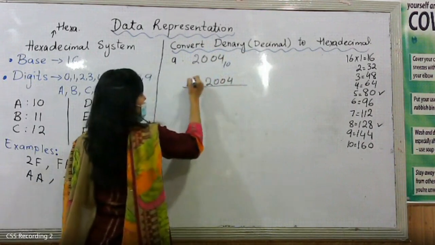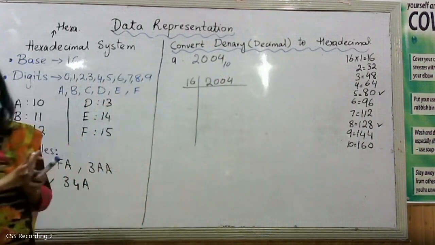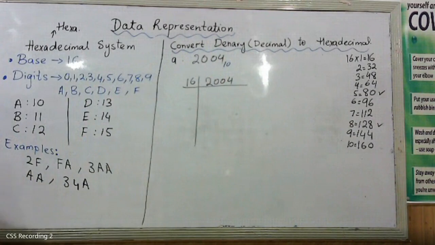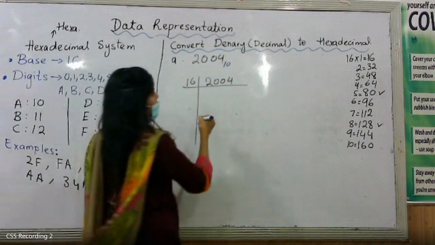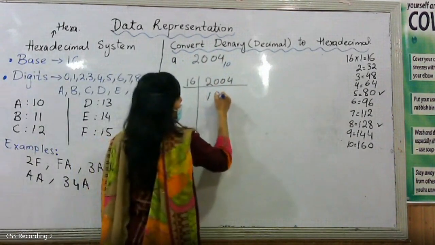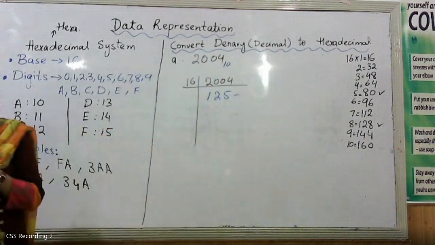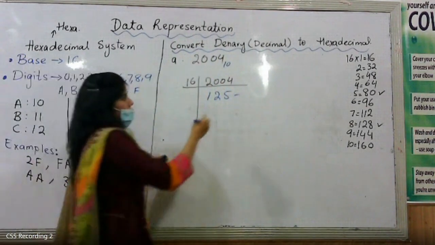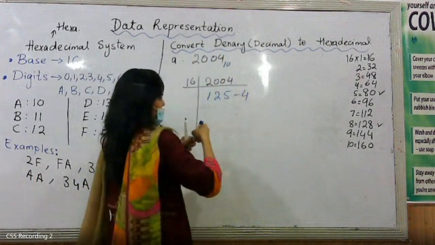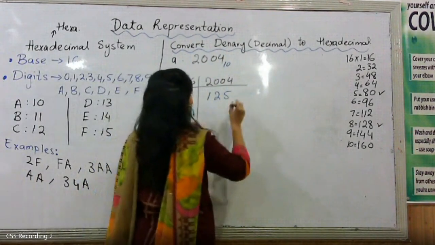For 2004, always use the base, that is 16. Then how many times? That is 125 times, and the remainder is 4. You know this step very well.